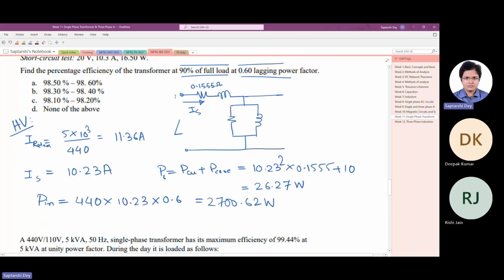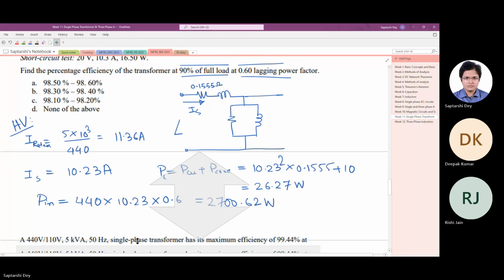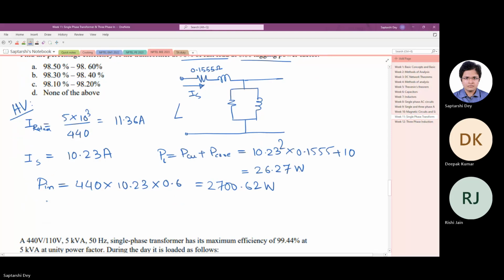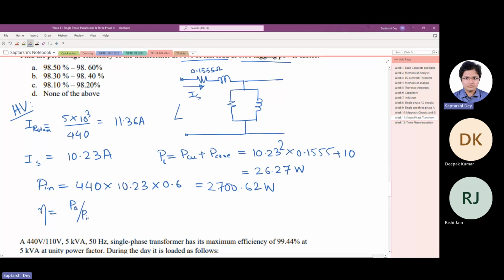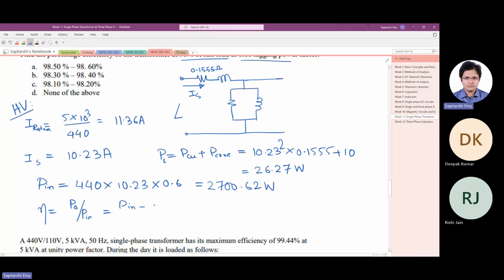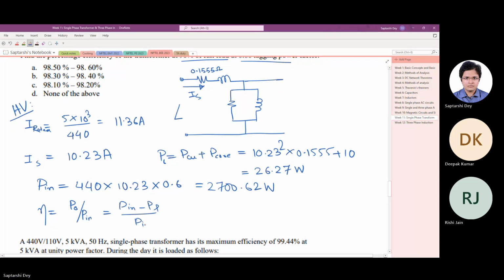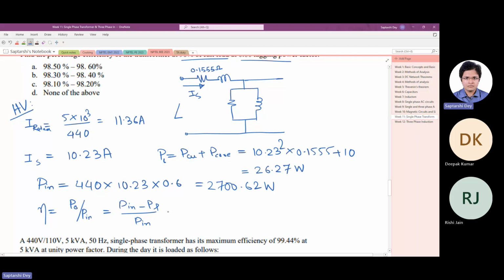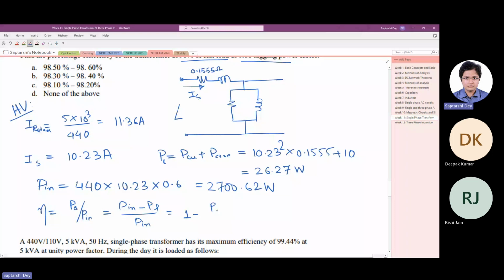Now from here we can find out efficiency. Efficiency is output power by input power. Output power can also be called input power minus loss. So what we have is 1 minus loss by input power.